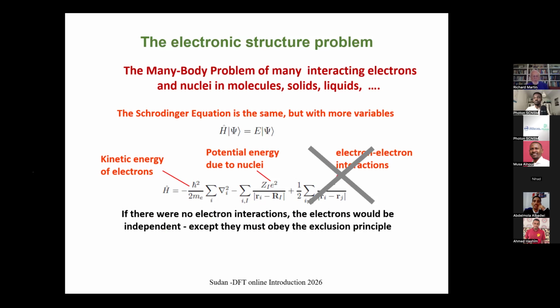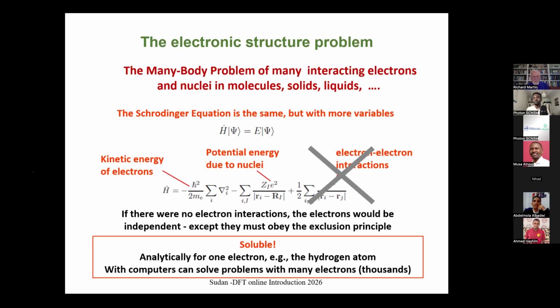So if we throw away that term, then it's essentially just the problem of each electron independently. Then the only complication is that they have to obey the exclusion principle, but that can be taken into account by matrix methods. That's quite feasible. So it's something that can be done, and so we can just simply regard this as a soluble problem.